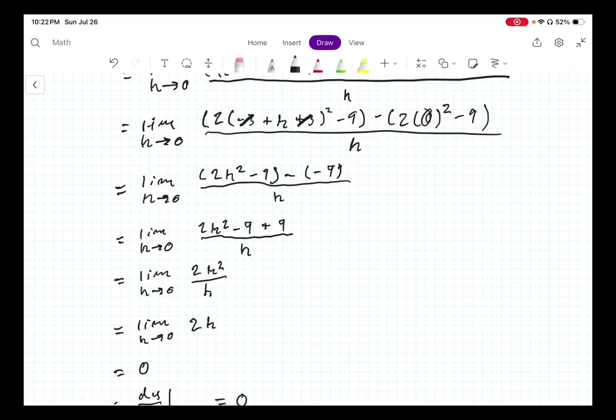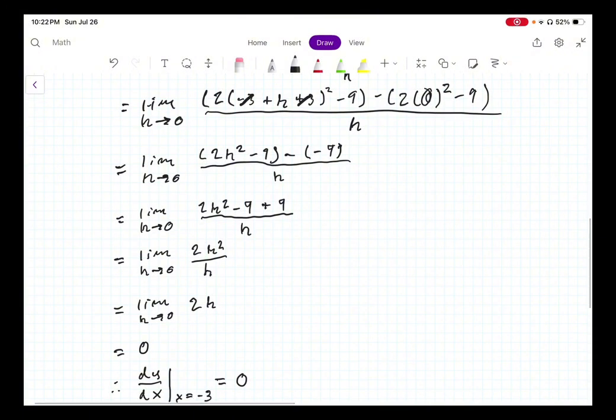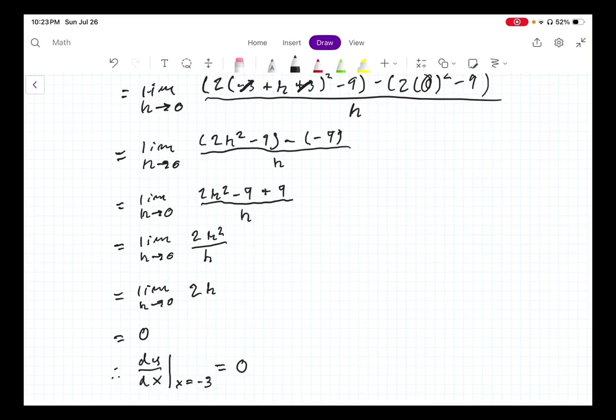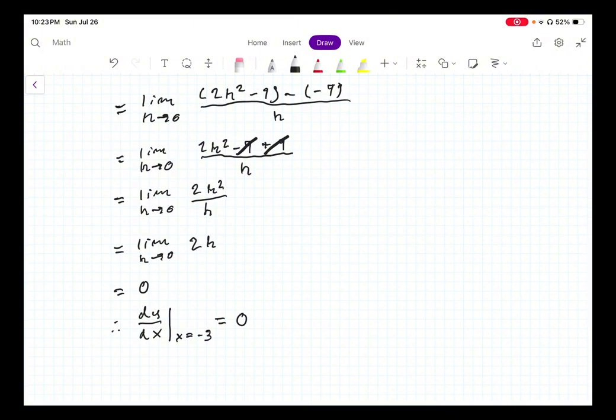And then we can simplify this further. Negative 9 subtracted is just going to give you positive 9, so then we can cancel out these 9's, which then gives us 2h squared over h.